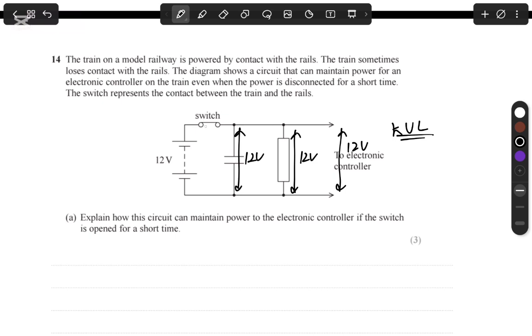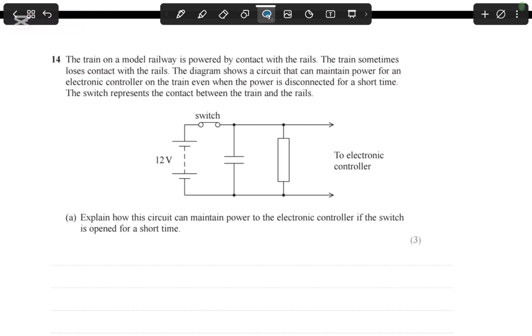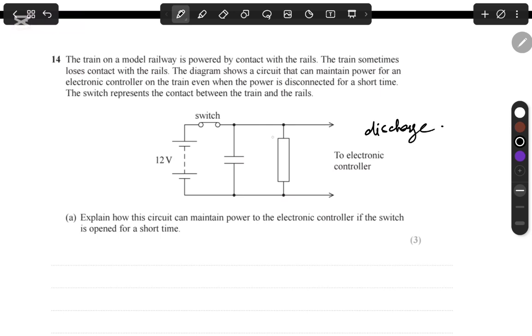Right. Now, that is when the switch is closed. When you open the switch, it's not going to be 12 volts anymore. What's going to happen is the capacitor will discharge when the switch is open, through the resistor and the electronic controller. Let's say initially the capacitor has 12 volts because it's fully charged.